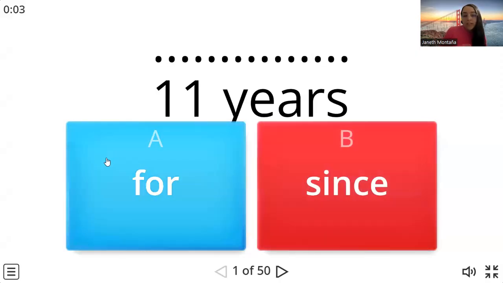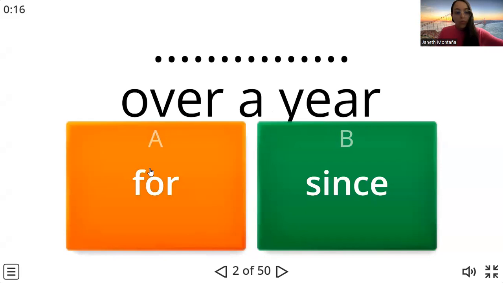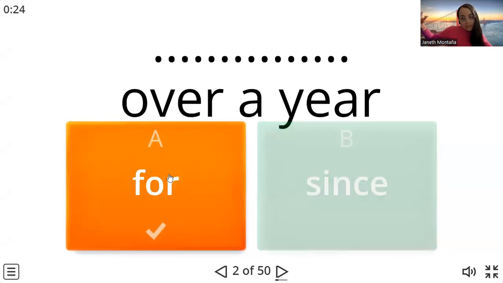Here we have to select, like it's a period of time. So we can say for or since 11 years; we use for 11 years. The second: for over a year, because it's a long period of time.